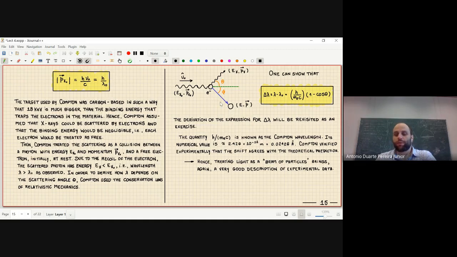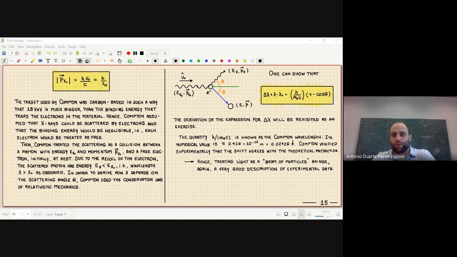And therefore, part of the energy of the initial photon was transferred to the electron in such a way that the electron was not at rest anymore, but it is moving. So the total energy is conserved, not the individual energy of the photon. Is that clear? Okay, good.